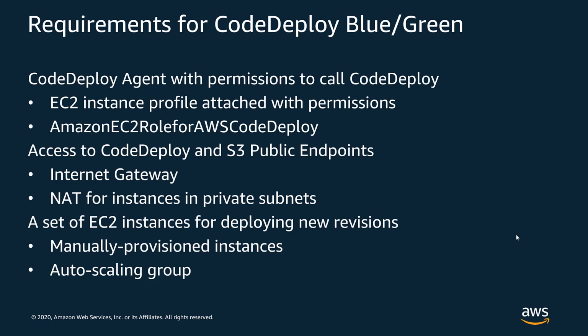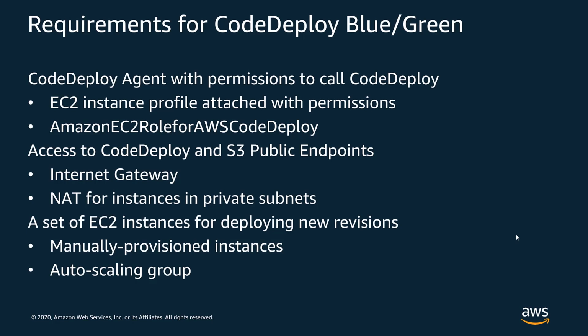Finally, we'll need a set of EC2 instances that we'll use for deploying any new revisions we publish. To do this, we can either manually provision a set of EC2 instances, or we can point CodeDeploy at an auto-scaling group that already includes the configuration needed for those new EC2 instances.